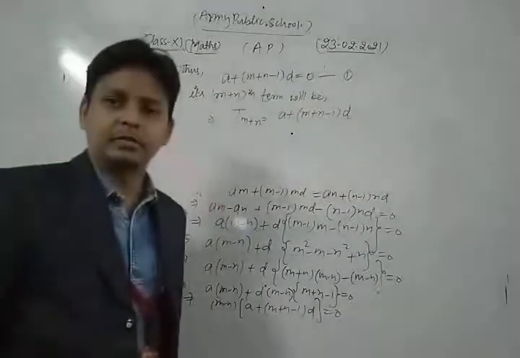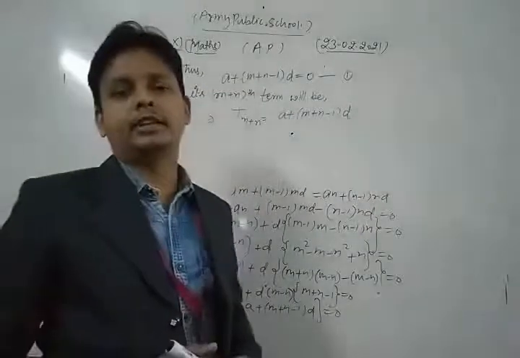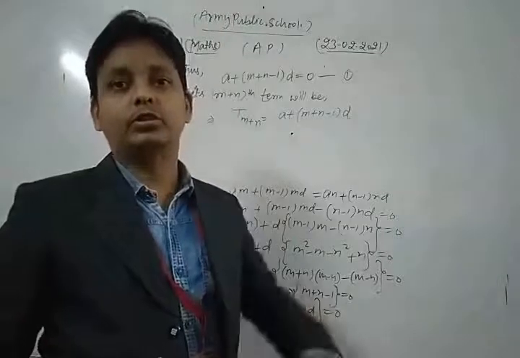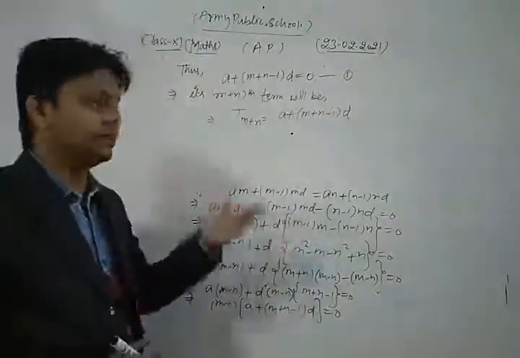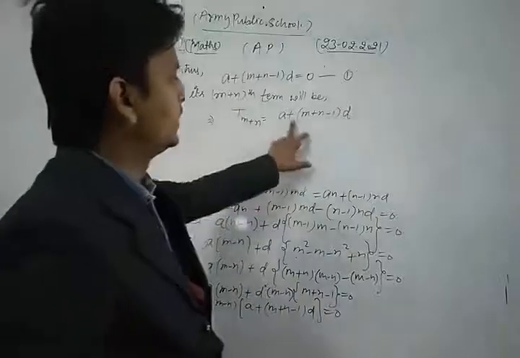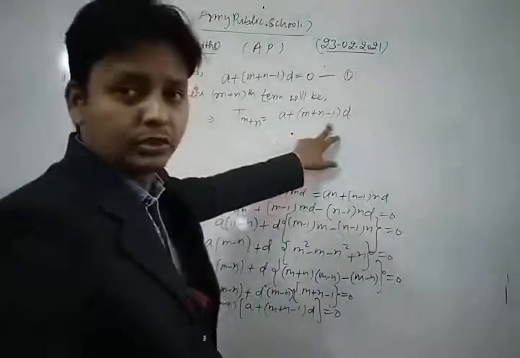This is the m plus n term, because we know that the formula for the nth term is a plus (n minus 1) into d. So for its m plus n term, we replace n by m plus n. So we get a plus (m plus n minus 1) into d.